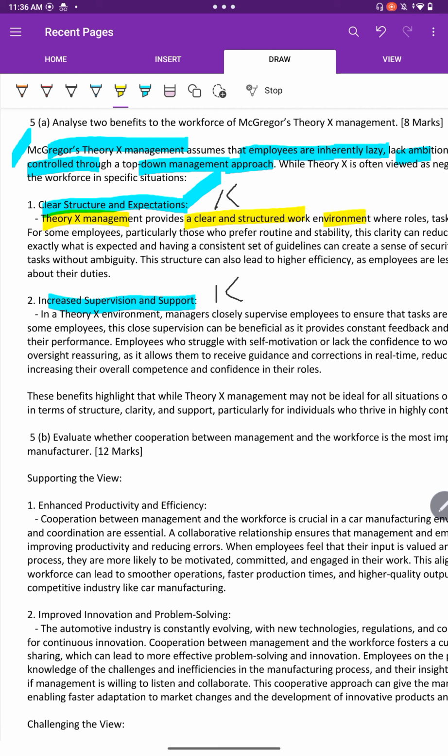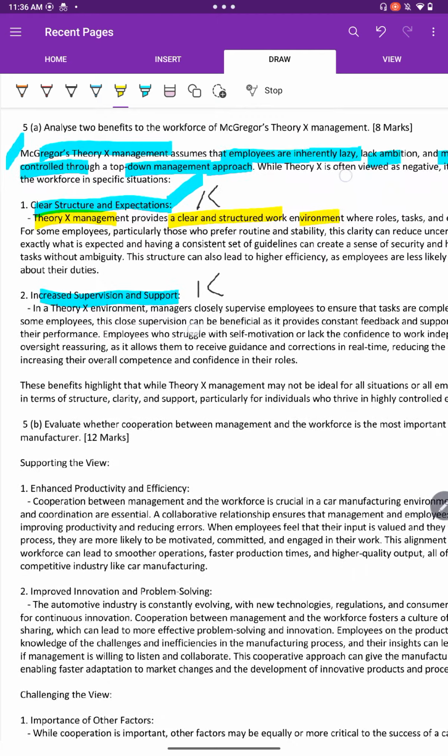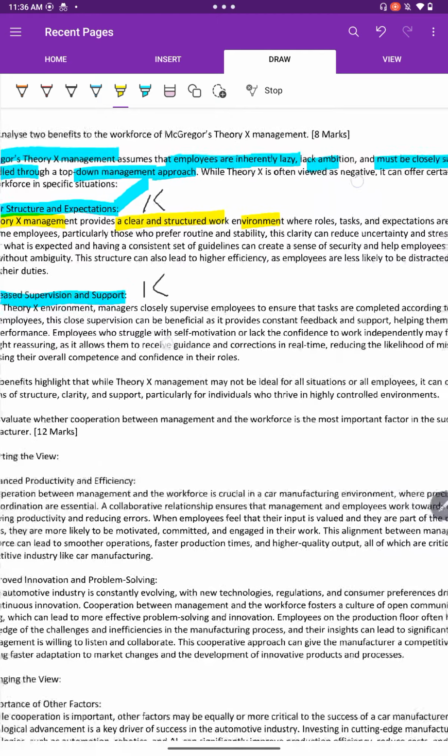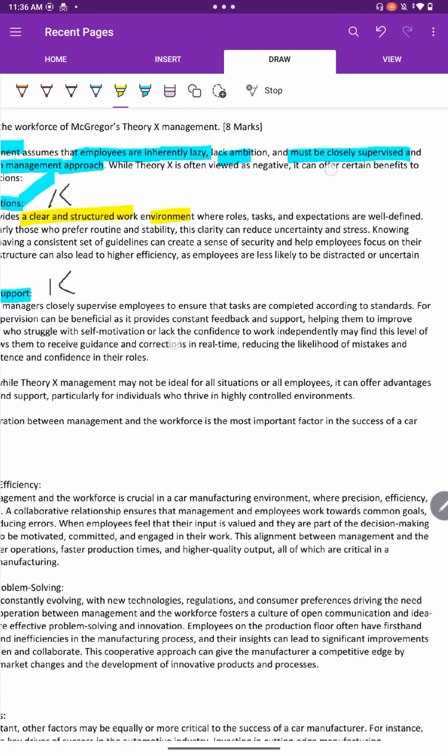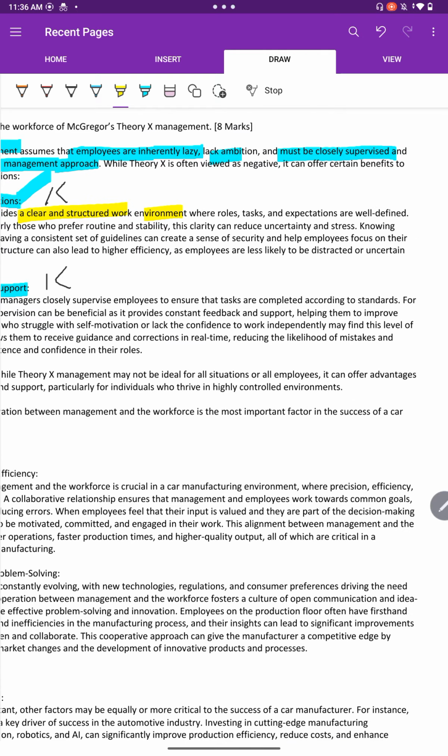It means that if there are managers who are controlling their subordinates, and they are not open for feedback, they are just here for commanding, then this management will be giving us a very clear structure of how to work, and the roles and tasks of each and every employee are explained by the higher management.